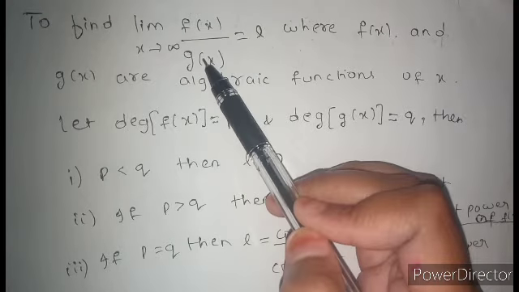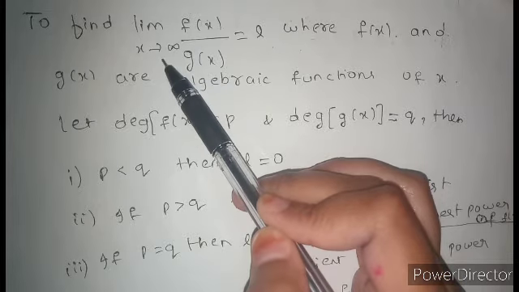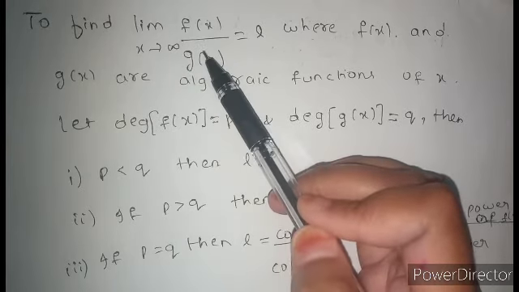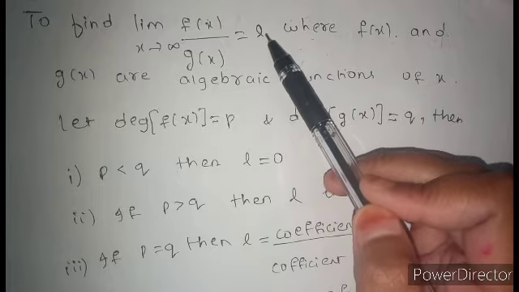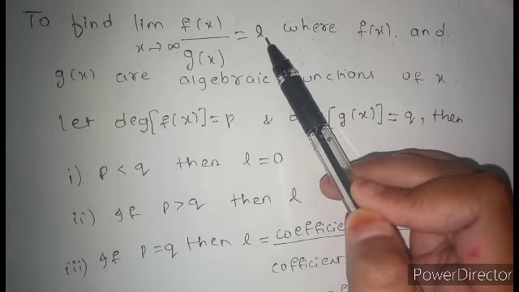This is a rational function, and x is tending towards infinity. Then what is the value of this L? To find the value of this L, we will apply some tricks, okay?